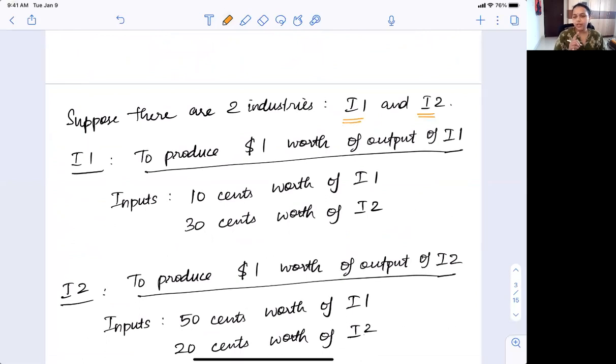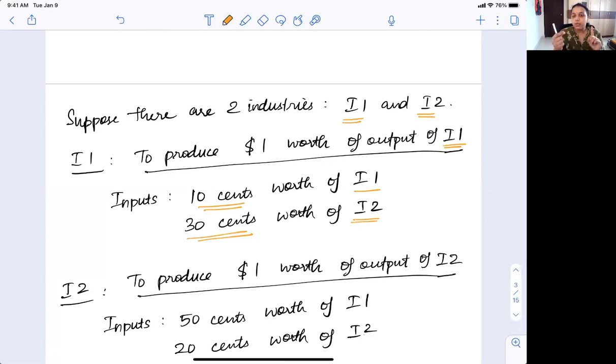Now to produce $1 worth of output of the first industry, let's say it's going to use as inputs 10 cents worth of its own output and 30 cents worth of the output from the other industry. So to produce $1 worth of output, it's going to need 10 cents worth of its own inputs.